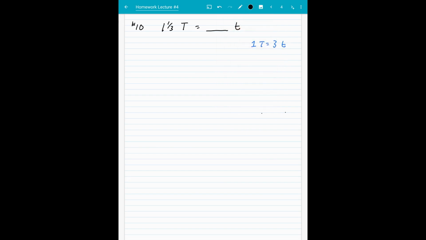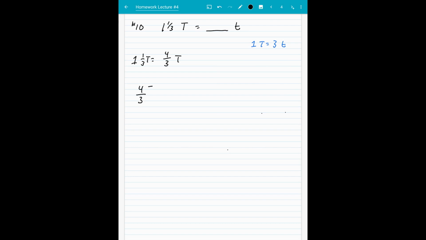And we can use that conversion to go from tablespoons to teaspoons. However, we don't really like working with fractions when we're doing this, especially 1 1/3. So let's change that 1 1/3 to an improper fraction. Remember from the other lesson, 3 times 1 plus 1 would give us 4/3 tablespoons.